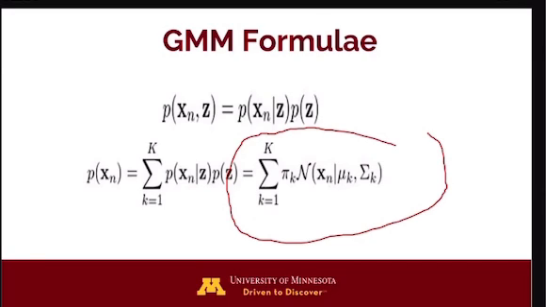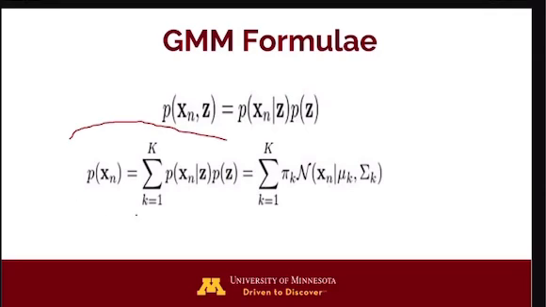Okay, this is what happened. Let's say right now I want to do this. The probability of xn is the same thing as that. Have you heard about total probability before? Total probability. Now I'm going to plug in the probability of z. The probability of z is going to be pi k.